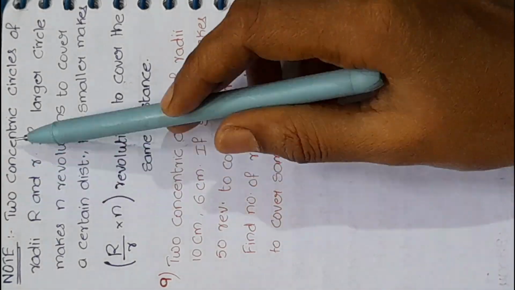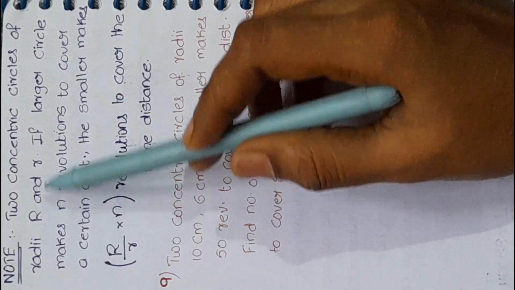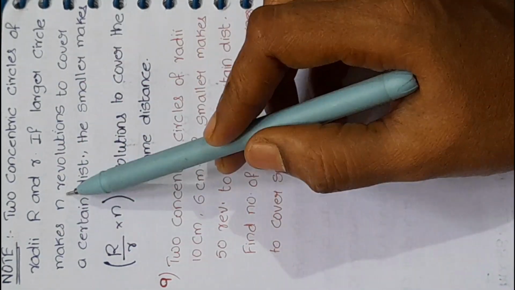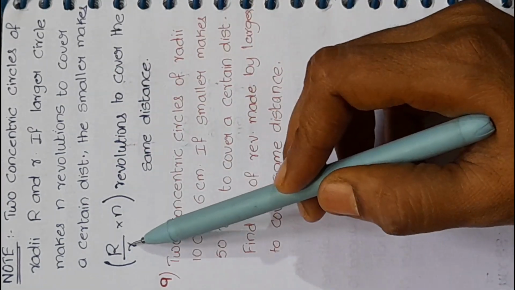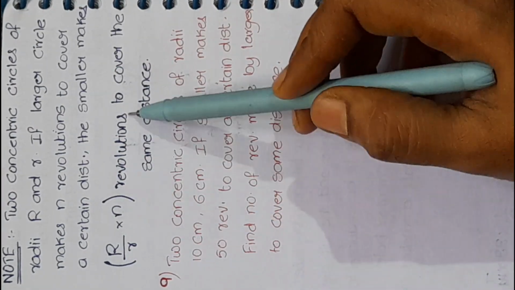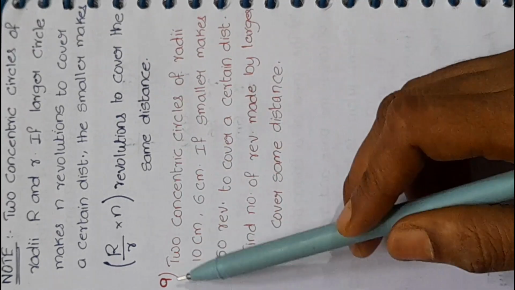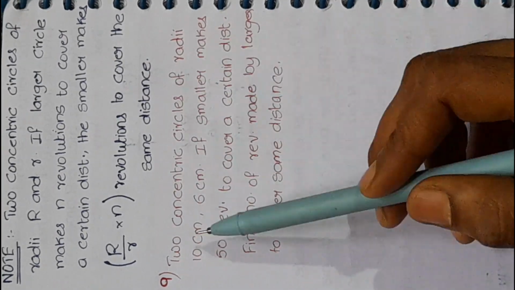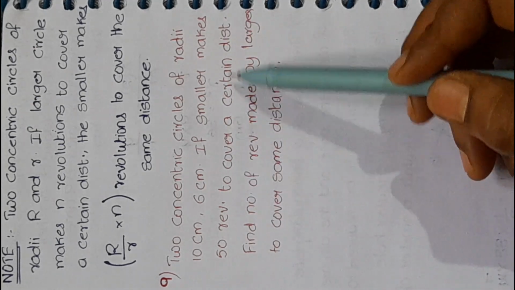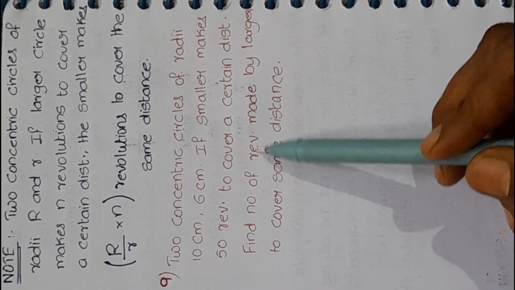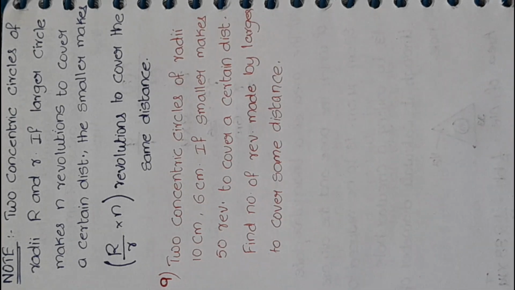Let us see a note point. Two concentric circles of radius capital R and small r. If the larger circle makes n revolutions to cover a certain distance, the smaller makes capital R by small r into n revolutions to cover the same distance. Question number 9. Two concentric circles of radius 10 cm and 6 cm. If the smaller makes 50 revolutions to cover a certain distance, find the number of revolutions made by the larger to cover the same distance.